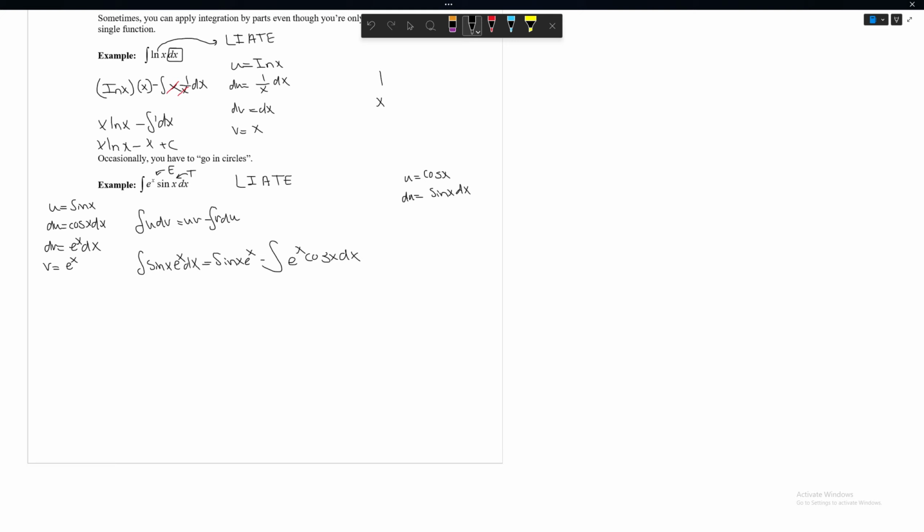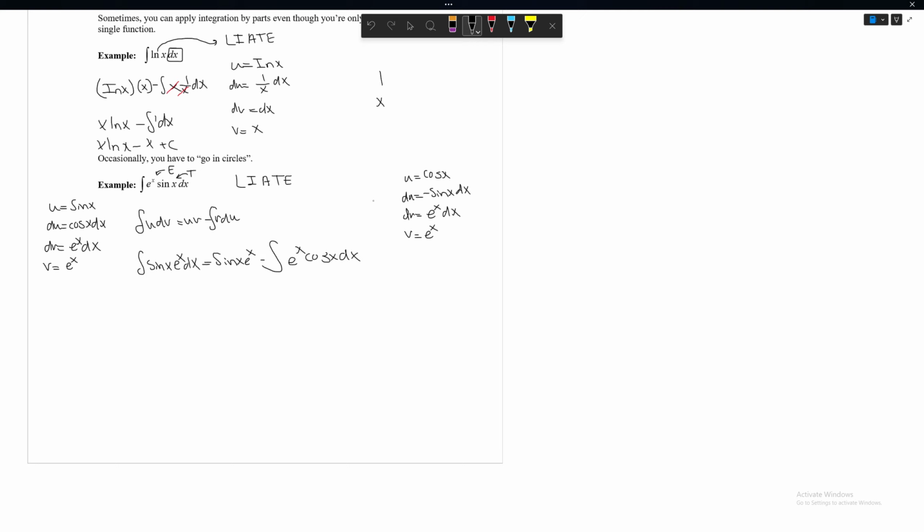The derivative of sine is cos x, and the derivative of cos x is negative sine. Yes. Okay. And now my dv equals what's left, which is e to the x dx, and my v is the integral of e to the x, which is the same, e to the x.